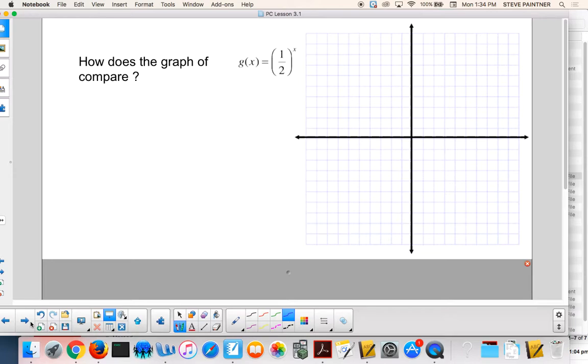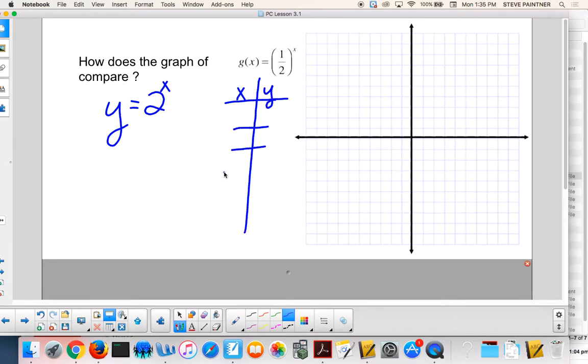Next. How does the graph of this compare to this? Well, let's quickly get some points here, x, y. Easy numbers to plug in are 0 and 1. 0 goes in, 1 goes in. So what's the answer for this one? 1.